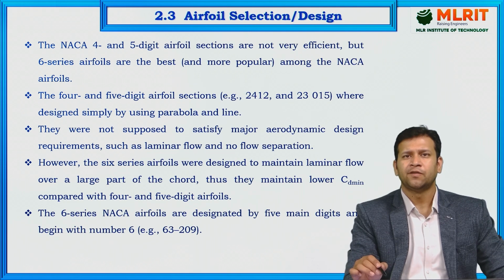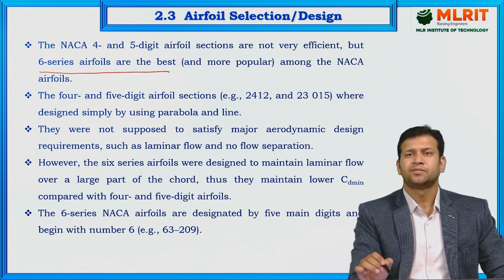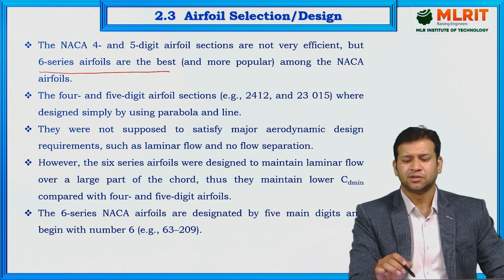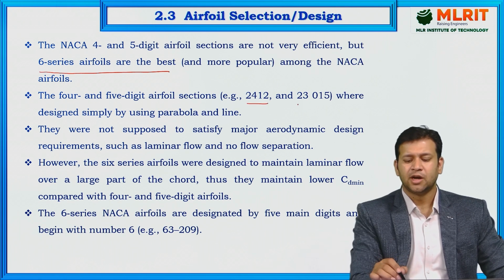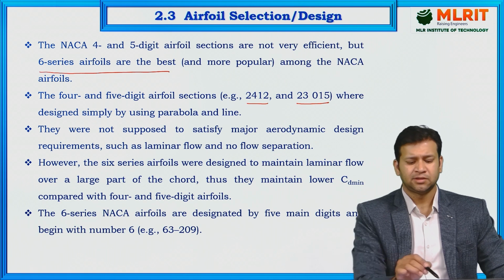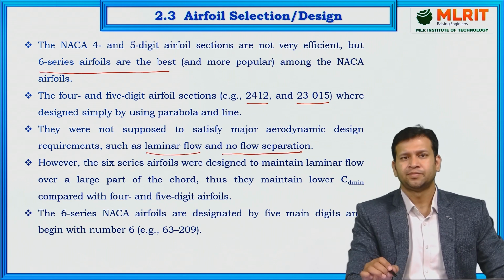The NACA 4 and 5-digit airfoil sections are not very efficient, but 6 series airfoils are the best among the NACA airfoils. The 4 and 5-digit airfoil sections, for example 2412 and 23015, were designed simply by using parabola and line. They were not supposed to satisfy major aerodynamic design requirements such as laminar flow and no flow separation.